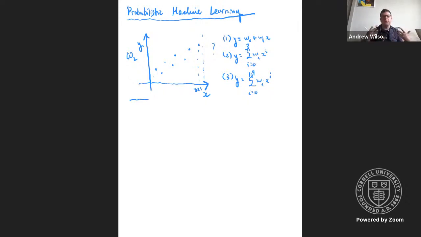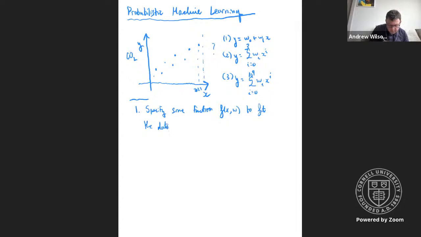So we know about a few different function classes. We know about linear functions, polynomials, and trigonometric functions. If we weren't just eyeballing it and drawing a straight line, we would probably start by specifying some kind of function f of x, with some parameters w, to fit the data.